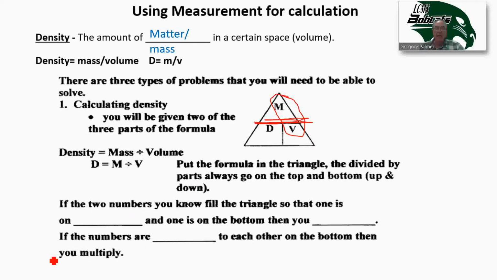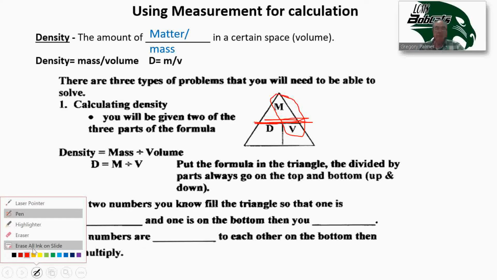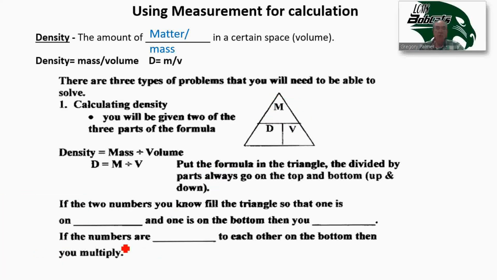If the numbers are next to each other on the bottom, you should know you need to multiply. Numbers that are next to each other in math, we multiply. So density times volume would equal the mass.